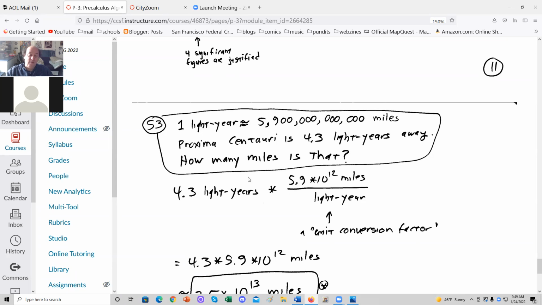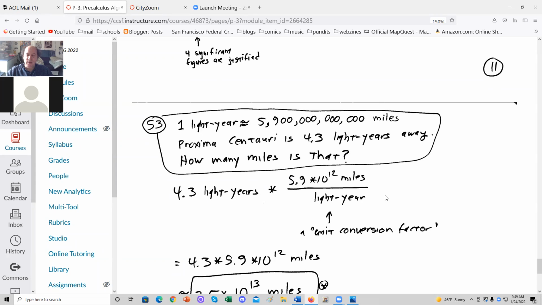Okay, we start with 4.3 light years as the distance, and we multiply by this. It is a unit conversion factor. 1 light year equals 5.9 times 10 to the 12th miles. So this ratio equals 1, so it's called a unit factor. It converts because if you multiply this times this, the light years will cancel, and we're left with the units of miles. So we take our 4.3 light years and multiply by 5.9 trillion miles per light year.